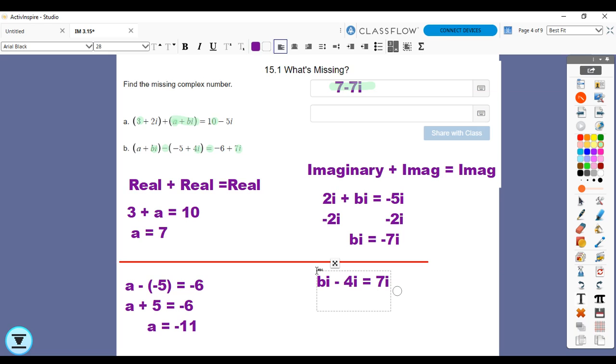So then you just add 4i to both sides. So b equals 11i. So the answer to part B is negative 11 plus 11i.